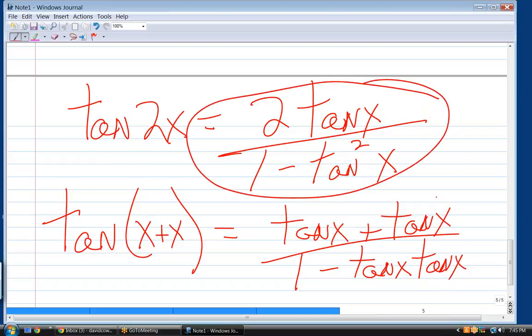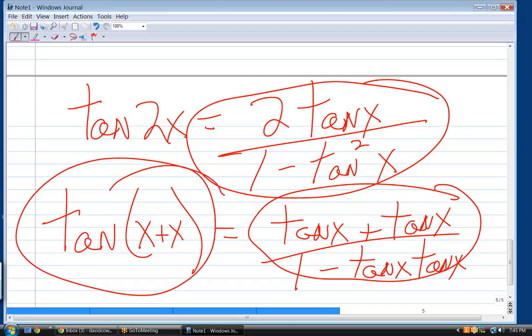Notice that's the same thing as this. Yeah. 2 tan x's I get, and multiply them together, I get tan squared of x. So if you forget the identity for tan of 2x, just pretend it's x plus x, and you'll get it.